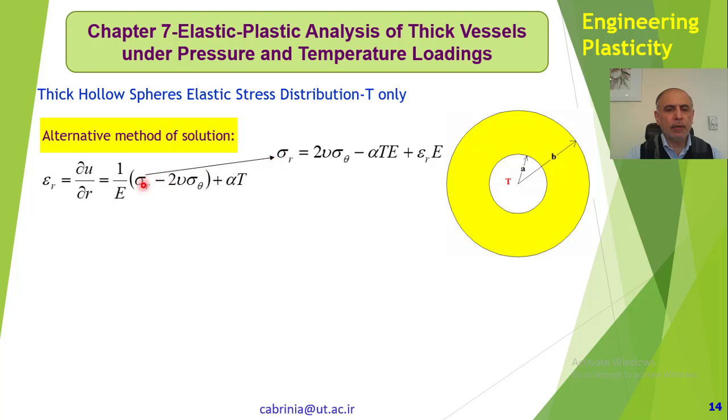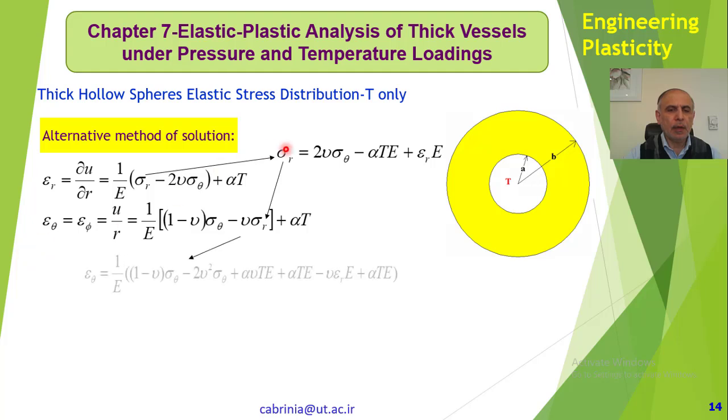Therefore, I can write down sigma R in terms of this. I can write sigma R is equal to 2 mu sigma theta minus alpha T E plus epsilon R E. Therefore, if I multiply this E by epsilon R, I get this sigma R.